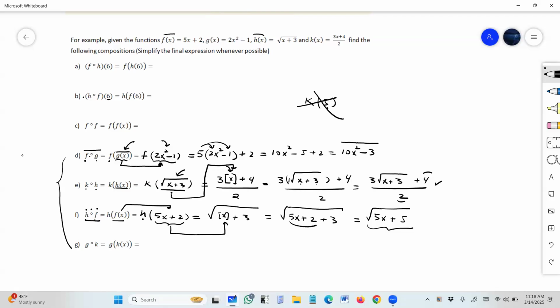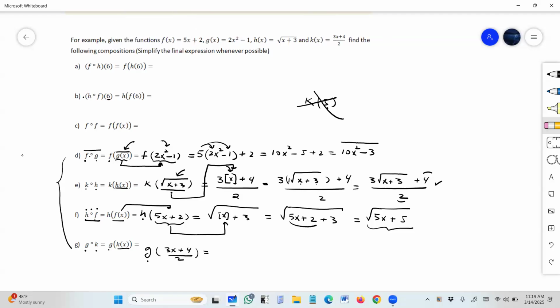All right, and the last composition, G compose K. So G is the outer function, K is the inside function, so I have to find G of K of X. So here's K of X. So (3x plus 4) over 2. So now I write the G function, and it's up here.